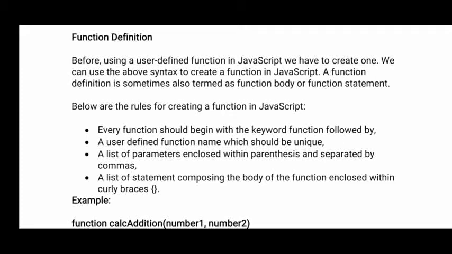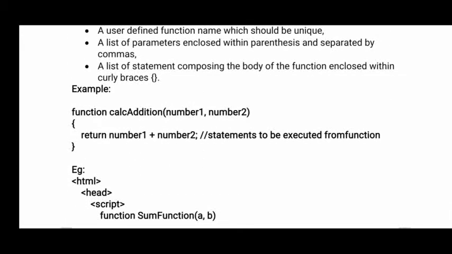Next, a list of parameters enclosed in parentheses, and if there is more than one, they should be separated by a comma. Next, between the curly opening and closing braces, we'll write the body of the function. Okay, what is the purpose of the function? We'll write that. Now, you see the function definition here.